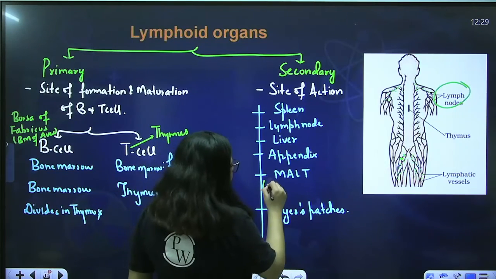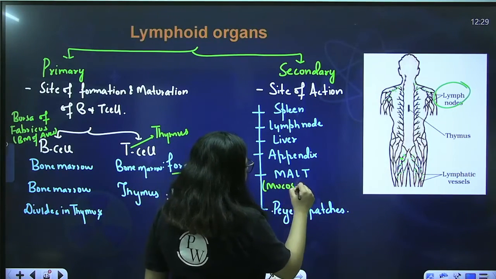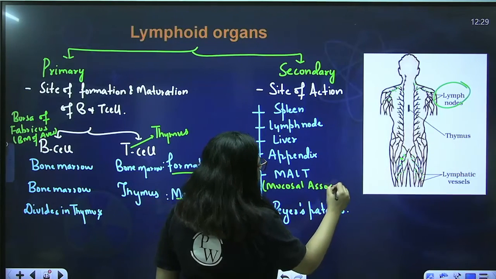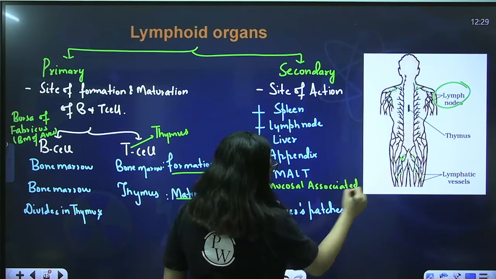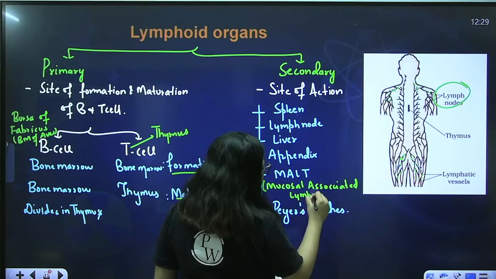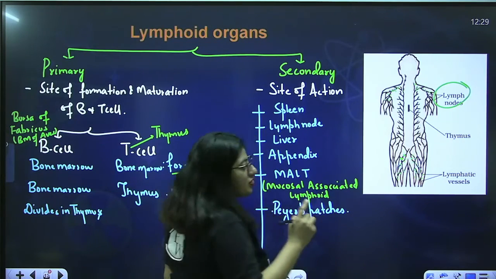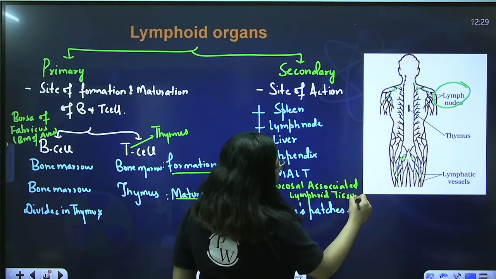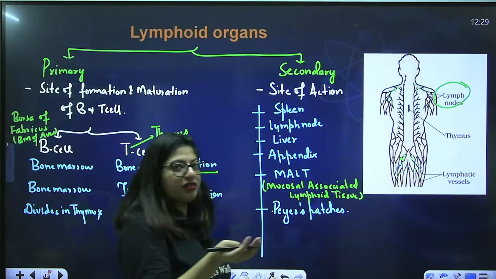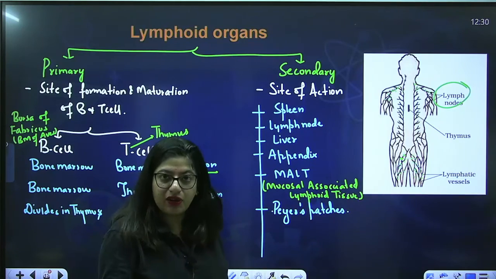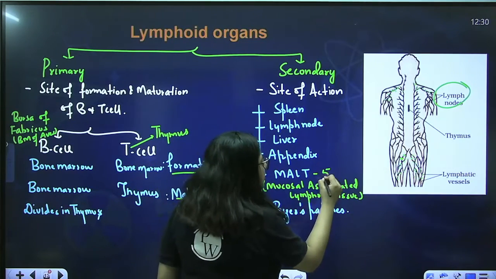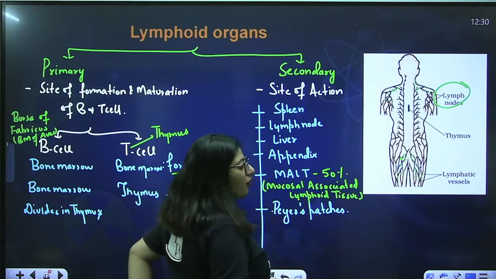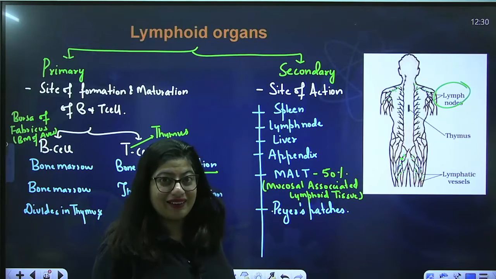MALT is mucosal associated lymphoid tissue. If you remember, MALT is present in the mucosa of your GIT, gut. Yes, and wherever you will get mucosal lining, whether it is respiratory tract, urinogenital tract or digestive tract, you will get MALT. So we say around 50% of all the lymphoid organs in your body is your MALT, right?